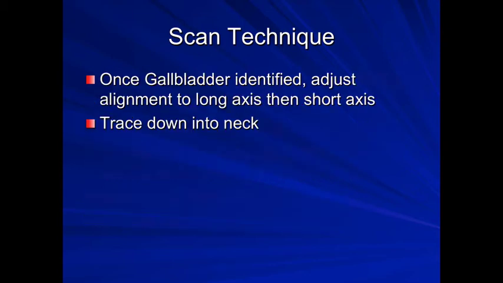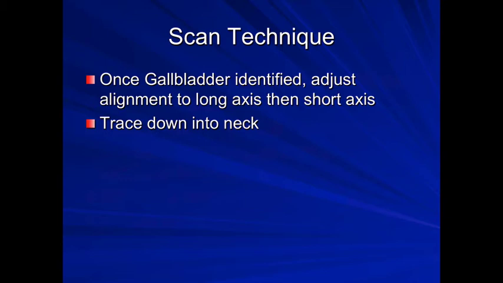Once we have identified the gallbladder, then we can rotate, tilt and fan our probe so that we try and get the long axis view of the gallbladder all the way from the fundus through the body down to the neck. Now, the gallbladder may not lie in one plane for its whole length, and so we may well take a couple of images for the different portions for this.